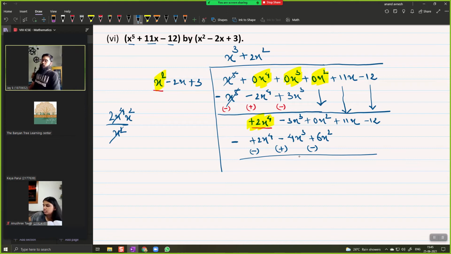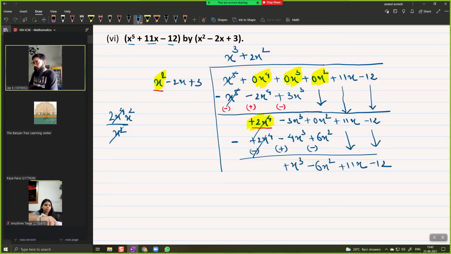Now you subtract. So plus 2x raised to 4 minus 2x raised to 4 will cut, minus 3x cube plus 4x cube will become plus x cube. Then 0x square minus 6x square will be minus 6x square, plus 11x will come down, and minus 12 will come down.